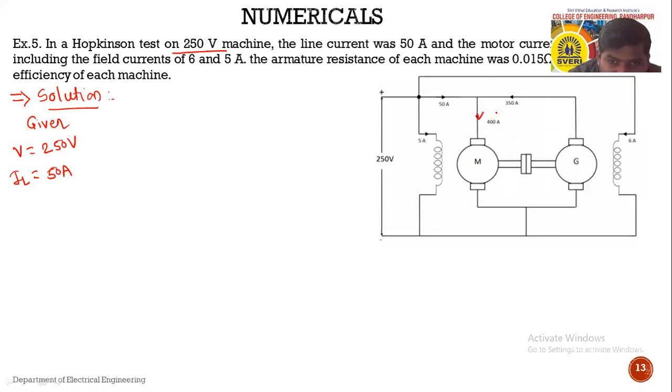So without including this, the 400 ampere current of the motor, so that is IA of motor, it is equal to 400 ampere. Now this 6 ampere and 5 ampere are the shunt field current.